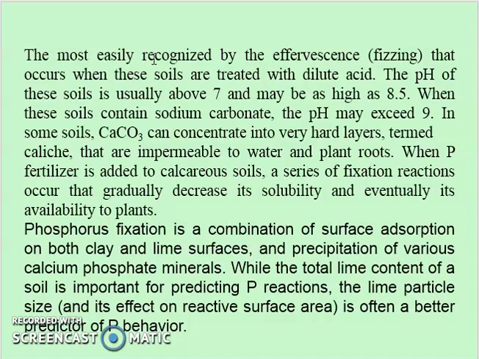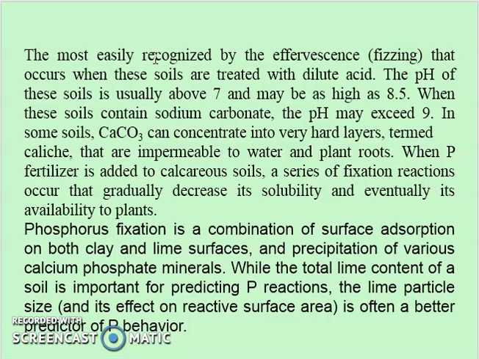So if you go to the field and you have a diluted acid, and you want to check if this type of soil is calcareous or not, just let the acid come in contact with the soil and see if there is effervescence. If yes, then it is calcareous. If no effervescence, then it is not calcareous.